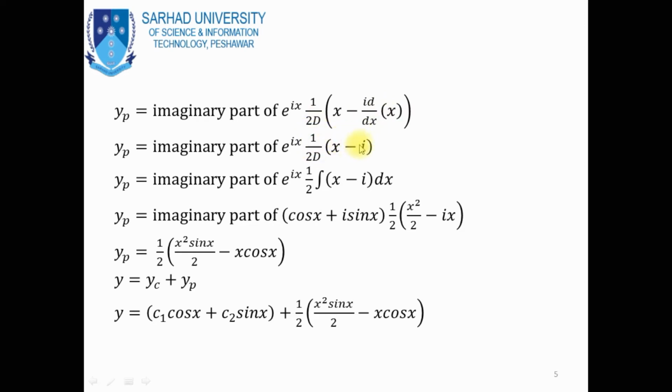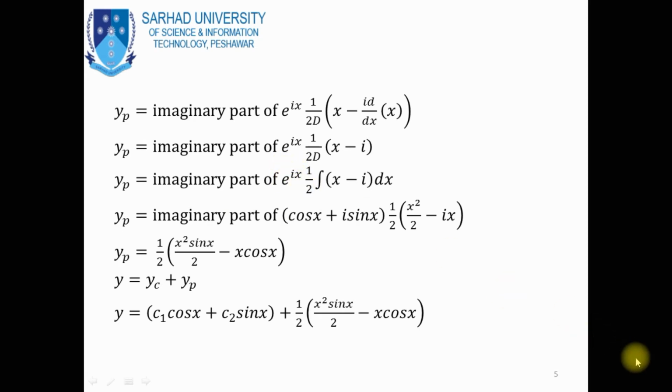Now 1 over D means integration, so 1 over 2 integration of (x - i) with respect to x.